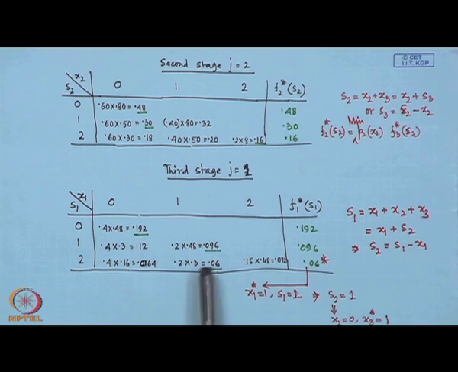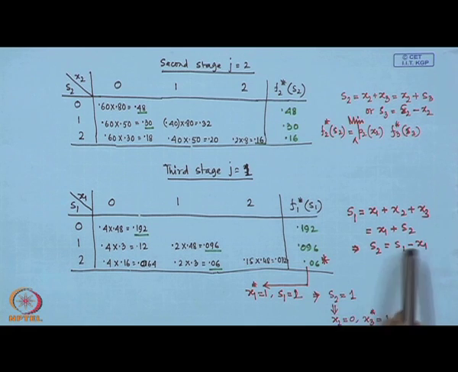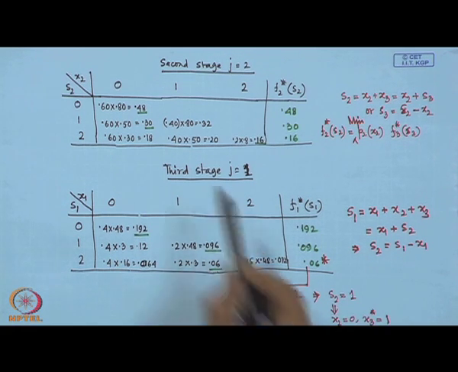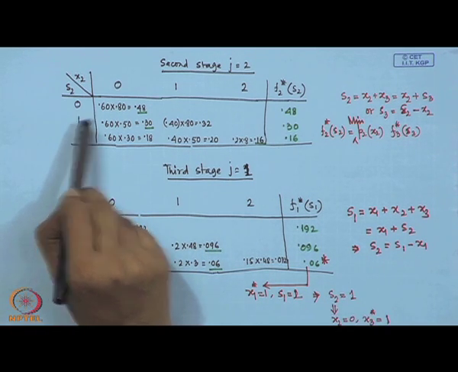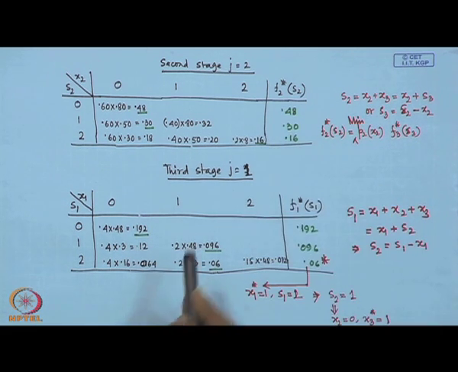Just look back at the table. Here we have considered that S1 equal to 2, and x1 is equal to 1, that means S2 equal to 1. Here, go here, then S2 is equal to 1, we are getting 0.3, that is why we have just picked up the optimal value in this stage.